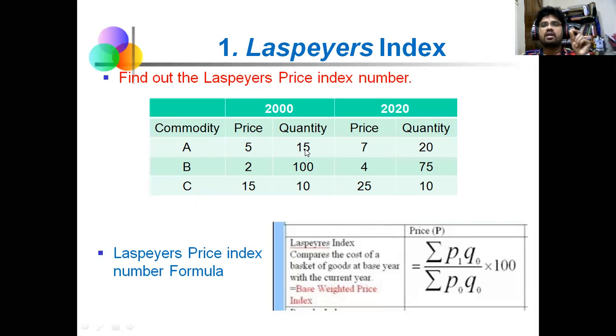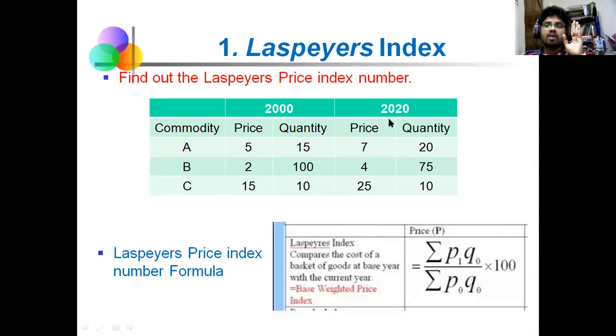For example, in your home, commodity A is purchased in 2000 at a price of 5 rupees, and you purchased 15 quantity. B's price is 2 rupees and you purchased 100. C commodity's price is 15 and you purchased 10 in the year 2000.